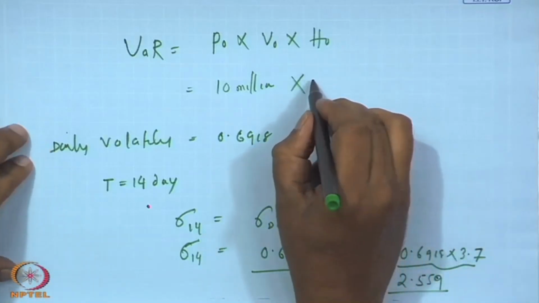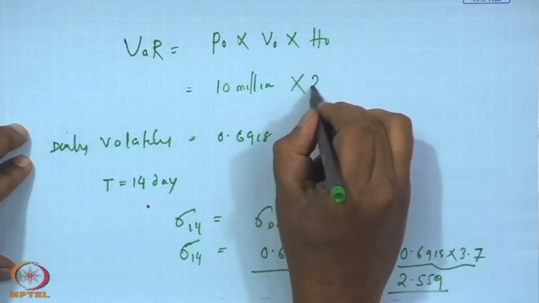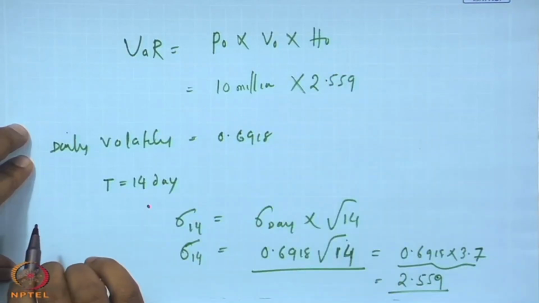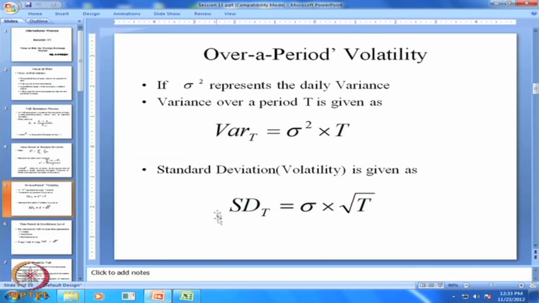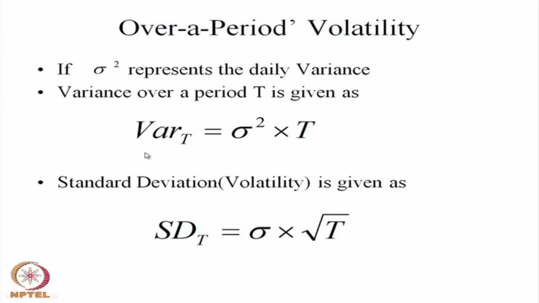Our V0 is 2.559. The question here is, what is the confidence limit? When we discuss this, we also have to discuss the confidence limit. What is our confidence that the same volatility will continue?